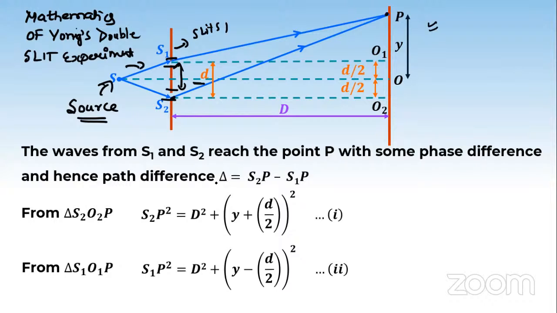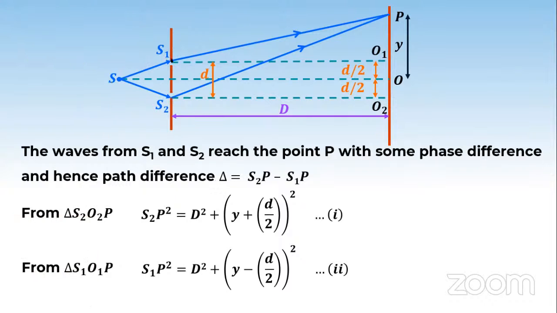If you focus on the path difference, how much will it be? See this. If you put a perpendicular here, the path difference between these two waves, S1P and S2P, will be equal to this much. If you solve it, students, you will get the value d sine theta, where theta is this angle. Remember it. Here some mathematics is involved, but no need to get involved in it a lot.